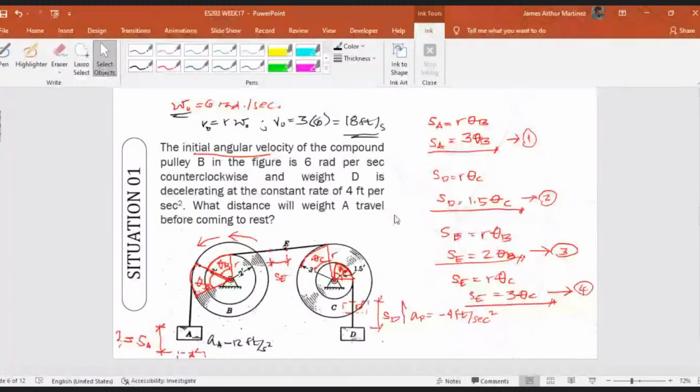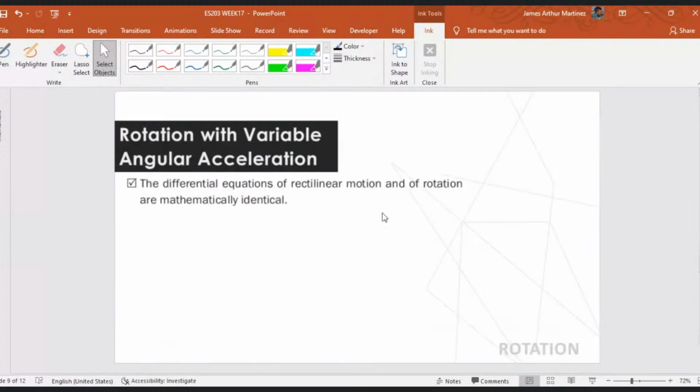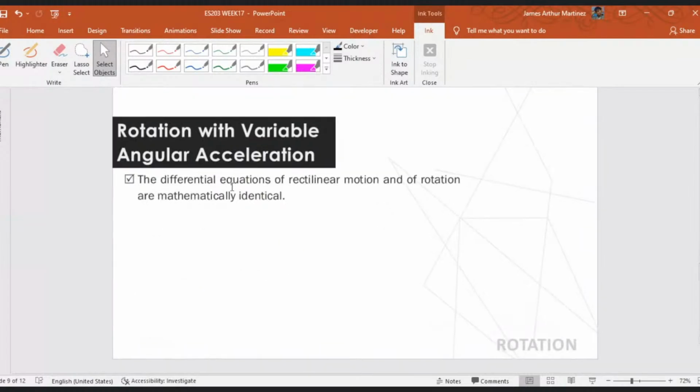So let us also discuss variable angular acceleration. I have mentioned that, by principle, translation and rotation are similar. In our discussion on translation, we discussed variable acceleration, but of course the condition we considered was linear. Now we come to rotation, so angular acceleration.